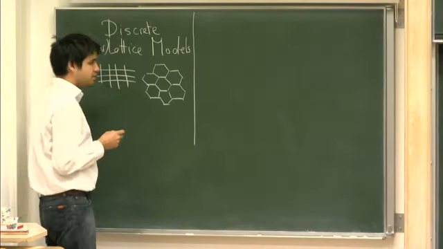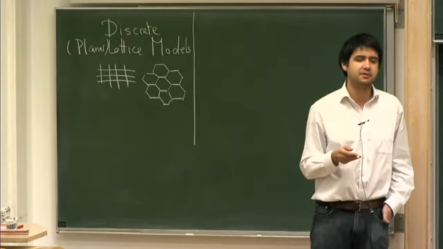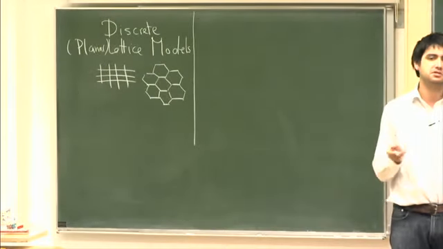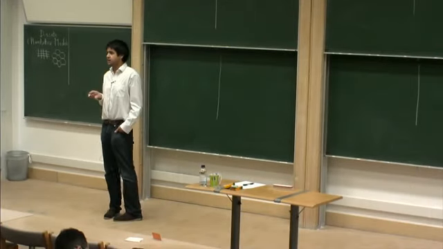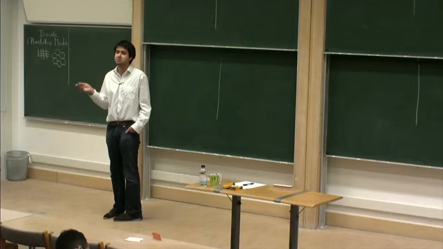Okay, so the goal of this lecture is to give a list of maybe 5 or 6 different lattice models and to just define them and to say one interesting fact about each of them. And in the next lectures we are going to focus on 2 basic models.